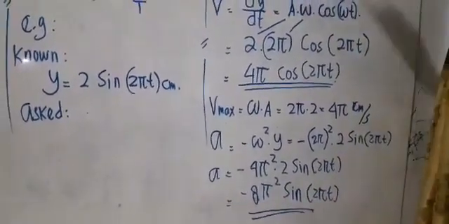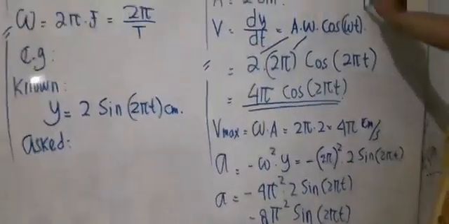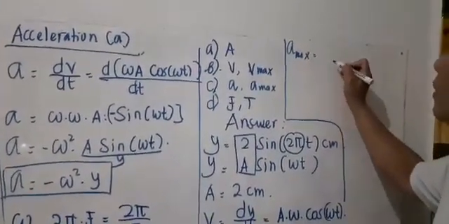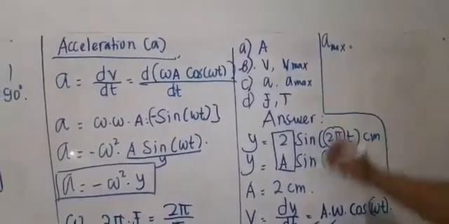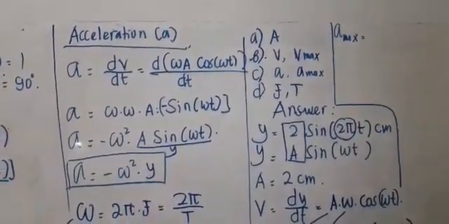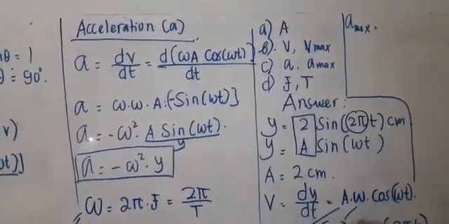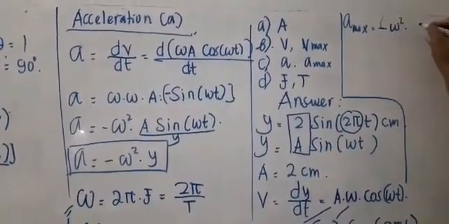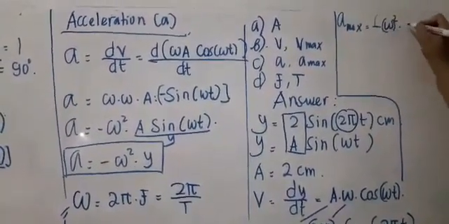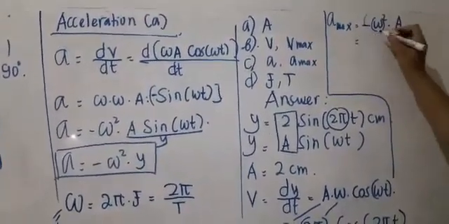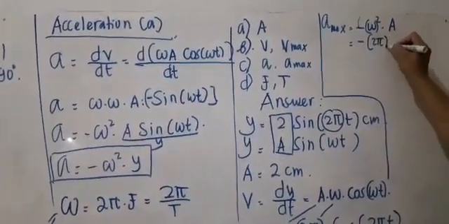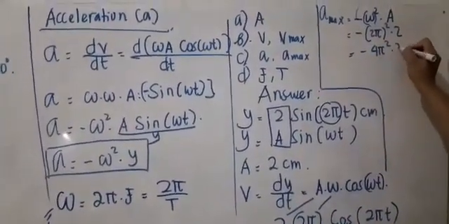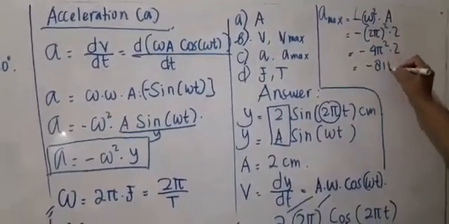And we continue here. The a max is equal to minus omega square times A, which is minus 2 pi square times 2, which is minus 4 pi square times 2, minus 8 pi square.